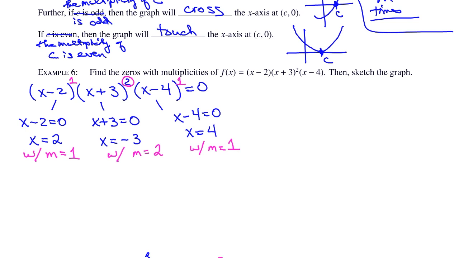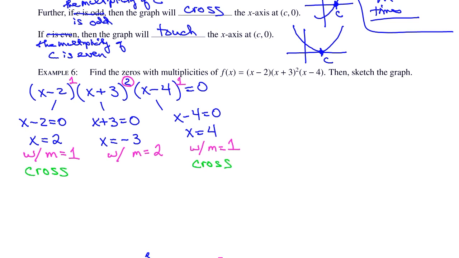Finally, let's interpret what this means as far as crossing and touching. If the multiplicity is odd, then it crosses. So the multiplicity of the root x equals 2 is 1. That's odd, so it's going to cross at x equals 2. And it's going to cross at x equals 4.